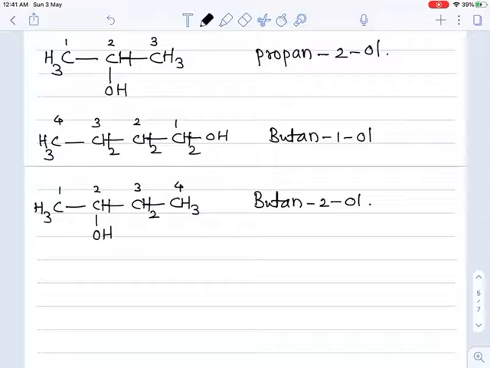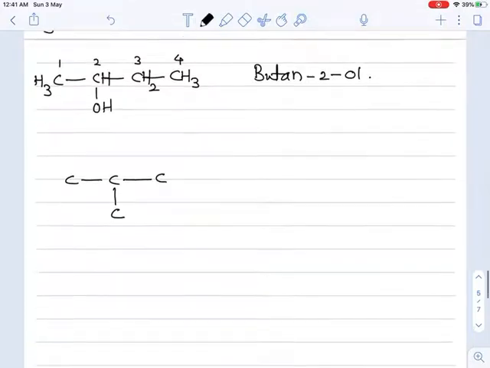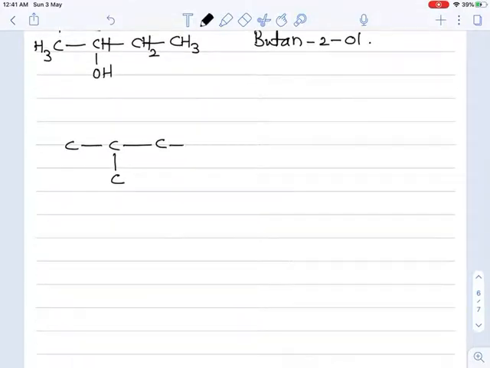Now if we arrange these 4 carbons this way, 3 carbons in a straight chain and 1 carbon in a branch, and to the ending carbon the OH group is attached. Now the remaining valency of each carbon is completed by hydrogen and we get its structural formula.